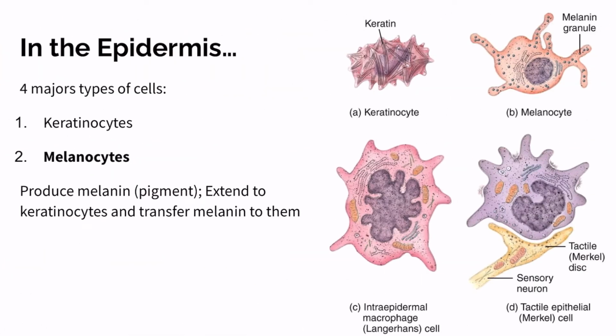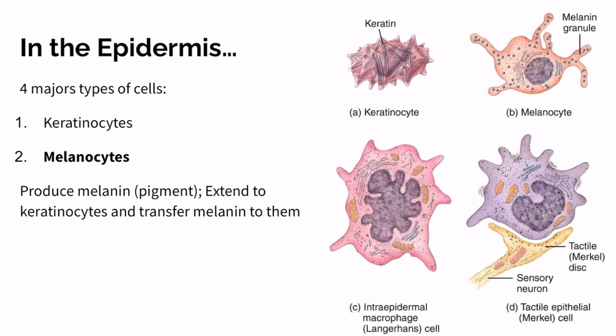The second most common cell type are melanocytes, and just like the last video stated, they produce these melanin pigments. And just FYI, there are multiple different types of melanin. There's brown melanin, red melanin, yellow melanin, black melanin, and that's what allows for the rainbow of skin color that we see in the human population. So there's not just one type of melanin.